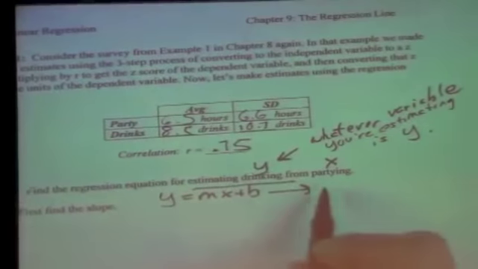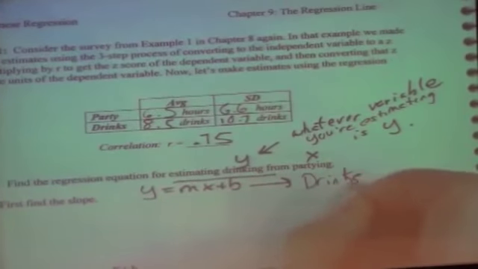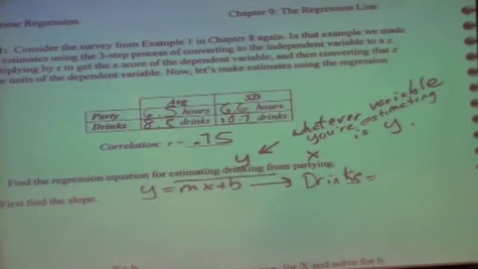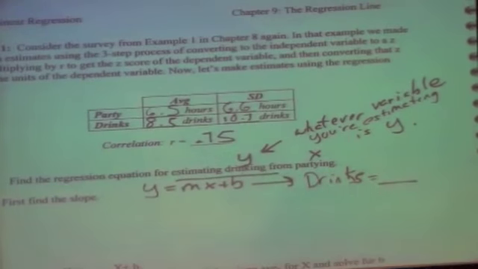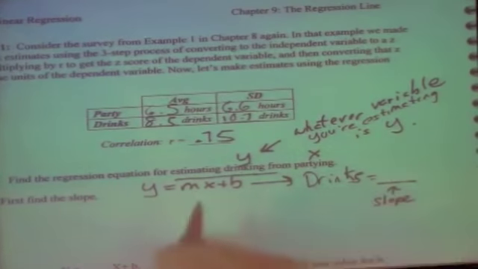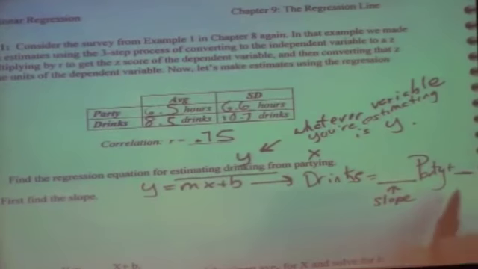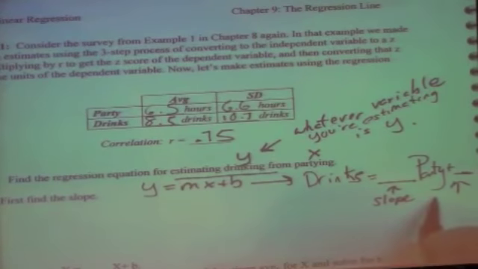So drinks is going to equal the slope, m, times party, plus something. What's that something going to be? The y-intercept. We just have to fill in those two blanks.